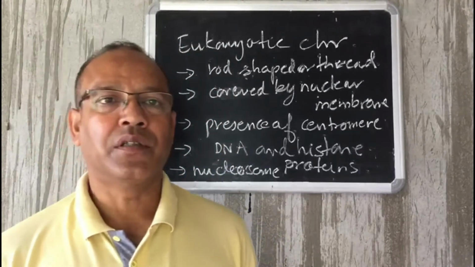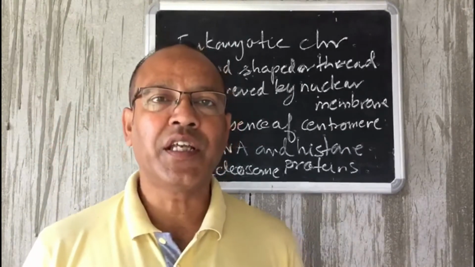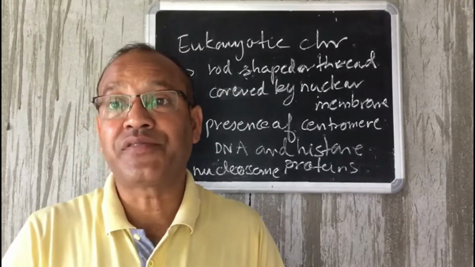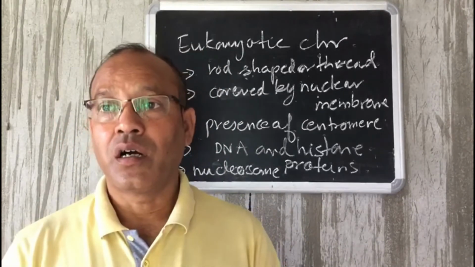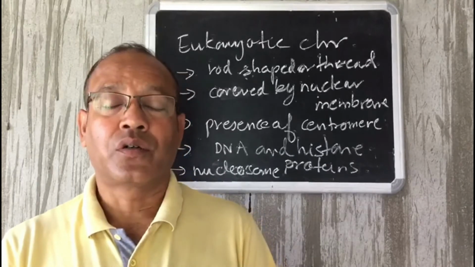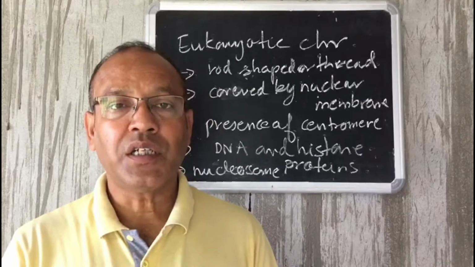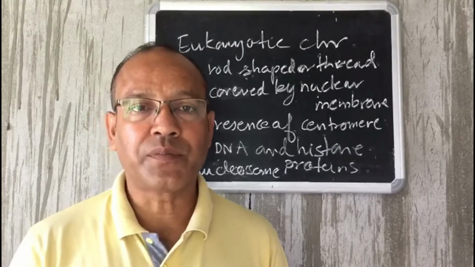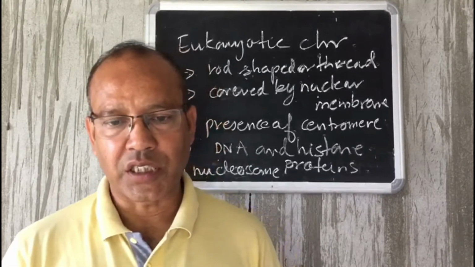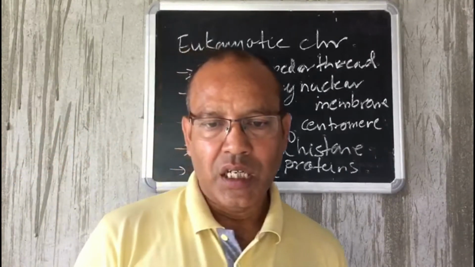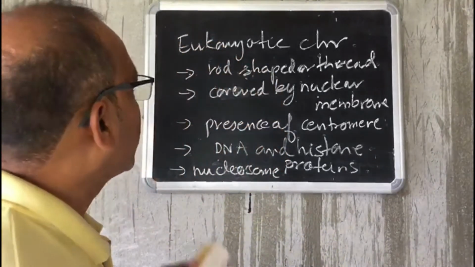A eukaryotic chromosome remains invisible during the interphase. That means we can see different cycles of the chromosome in the different stages. It remains invisible in the interphase. It becomes visible in the metaphase stage. It condenses and becomes visible in the metaphase stage. It has both introns and exons.